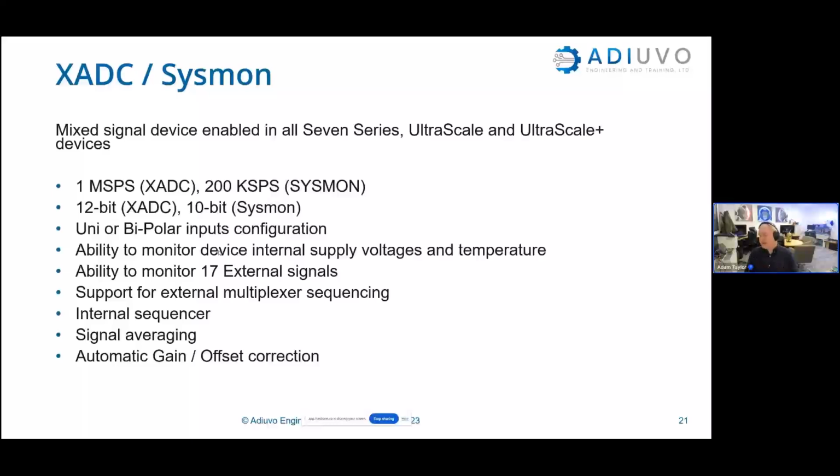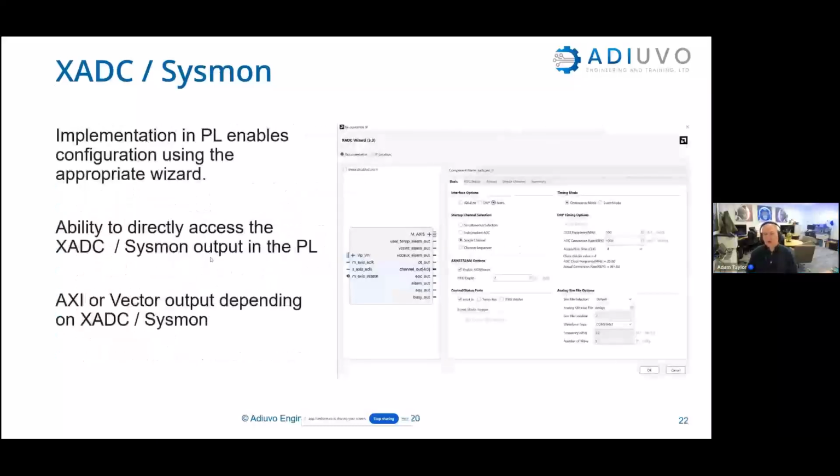If you remember back to when I was talking about ADCs and DACs, and the offset and the gain, then the XADC is able to help us do that. We can drop it in our design really simply by adding either the XADC wizard or the Sysmon wizard, and we can use the GUI to help us drive and configure this if you're not familiar with it.